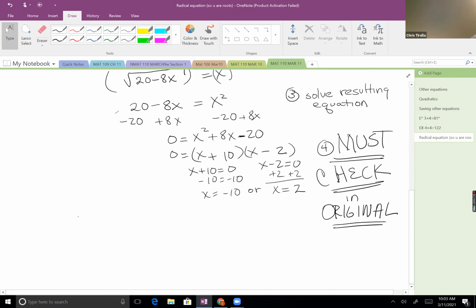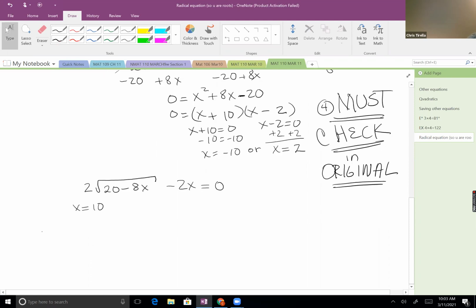So going to my original, it was 2 times the square root of 20 minus 8x, minus 2x equals 0. If I check with x equals negative 10, that gives me 2 times the square root of 20 minus 8 times negative 10, minus 2 times negative 10.